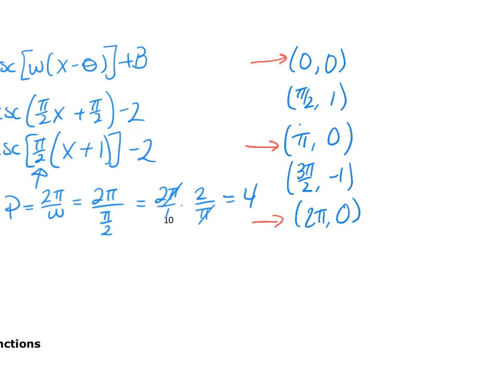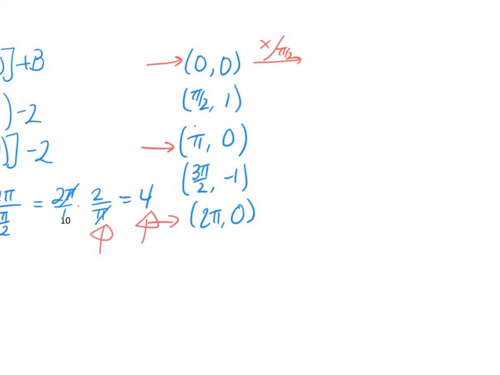But I still do the key points for sine. So the first thing I'm going to do is my period change, which is that part. So I take all of my x's, and I'm going to divide by pi over 2, which is the same thing as multiplying by 2 over pi. Right now, my y's are stabilized, so I'm going to write those down first.